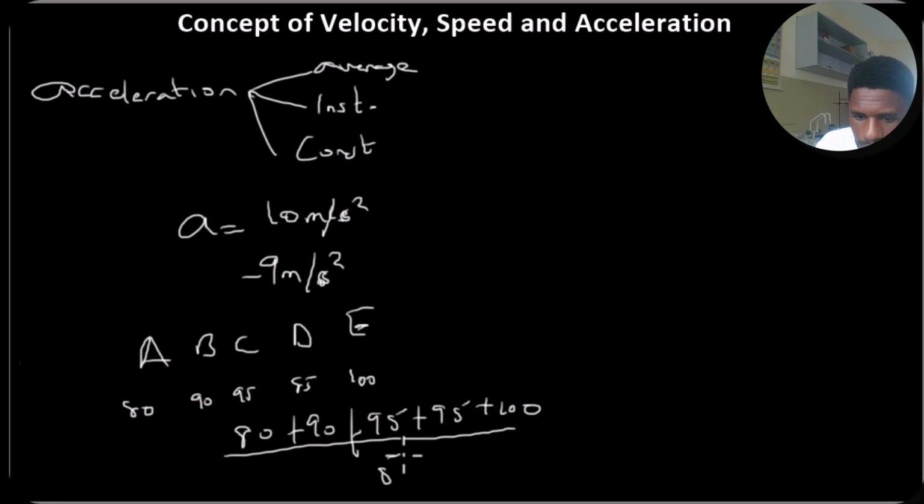This is equal to 460. So 460 divided by 5 will give us 92.